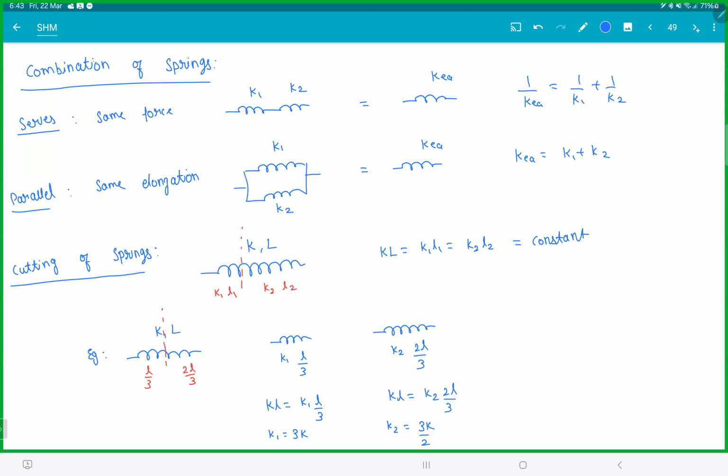So when you cut, the area of cross section doesn't change and the Young's modulus doesn't change. Clear?